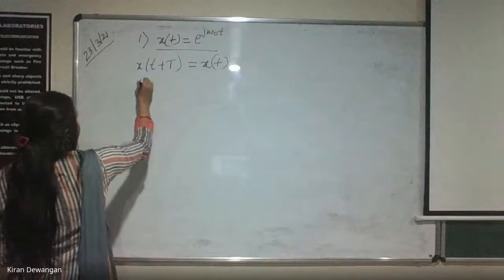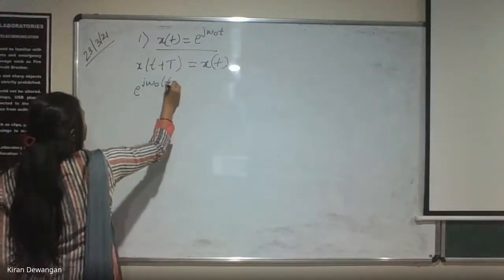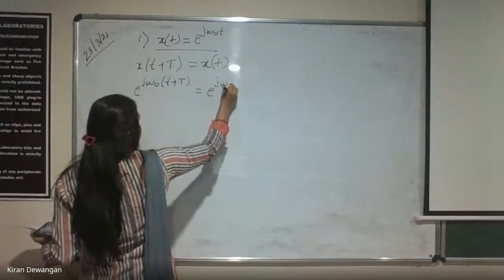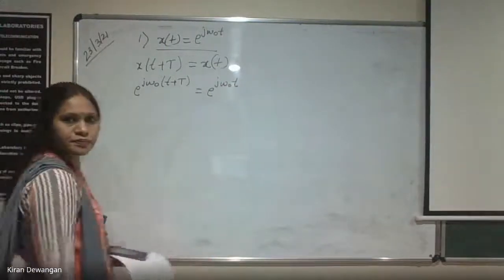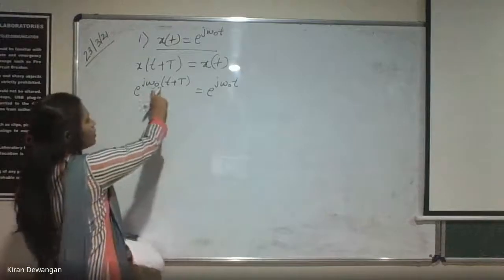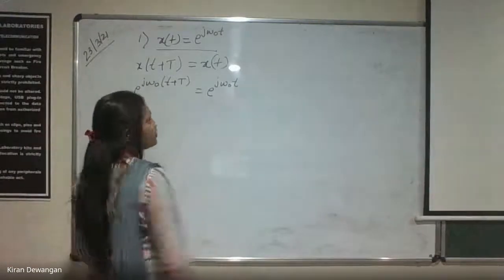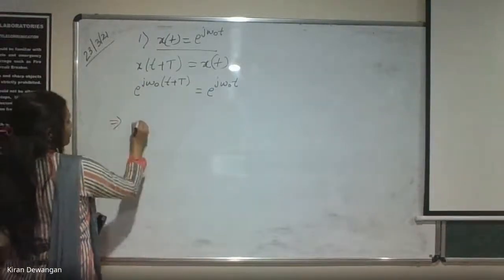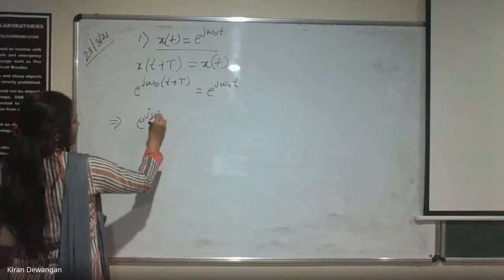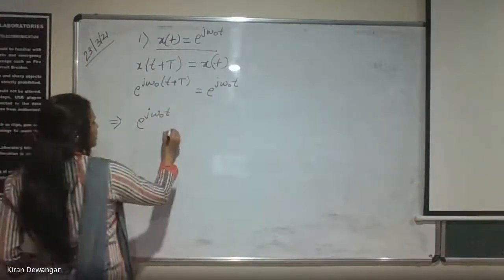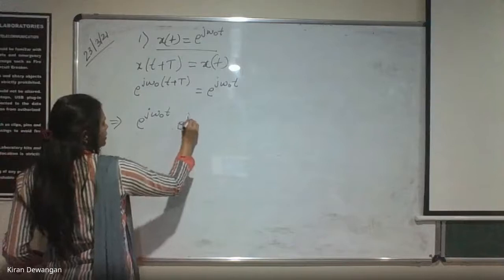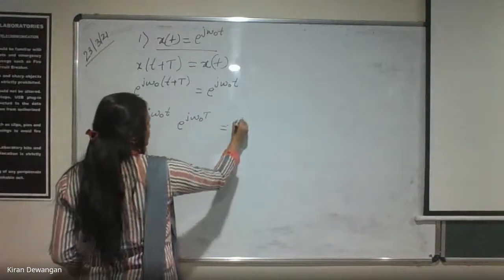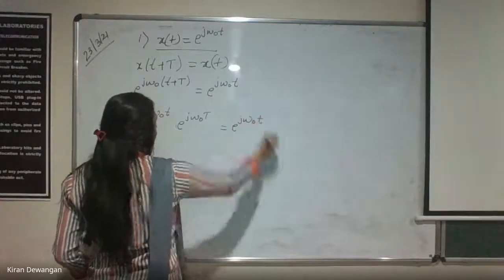e to the power j omega naught (t plus T) should be equal to e to the power j omega naught t. Further, we can write it as e to the power j omega naught t into e to the power j omega naught capital T is equal to e to the power j omega naught t.